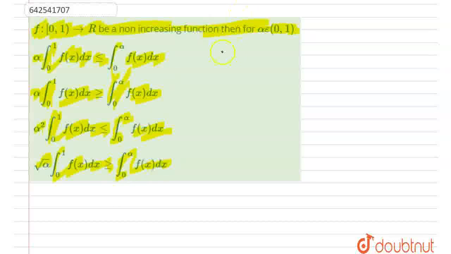Now let's start this question. First, we should note that integration alpha to 0 fx dx can be described by putting x by alpha to be t, then this would imply dx to be equal to alpha times dt.